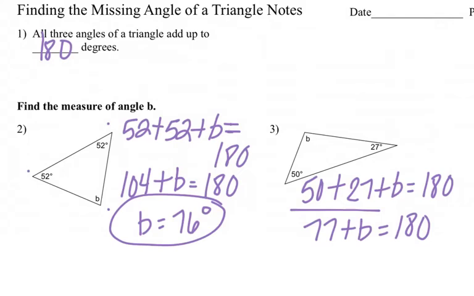So we're going to subtract and do 180 minus 77 to find out what that missing angle is. And so it's 103 degrees equals B. And make sure you put degrees on your answer because you are using degrees. You're finding the angle measure, and of course that is measured in degrees.